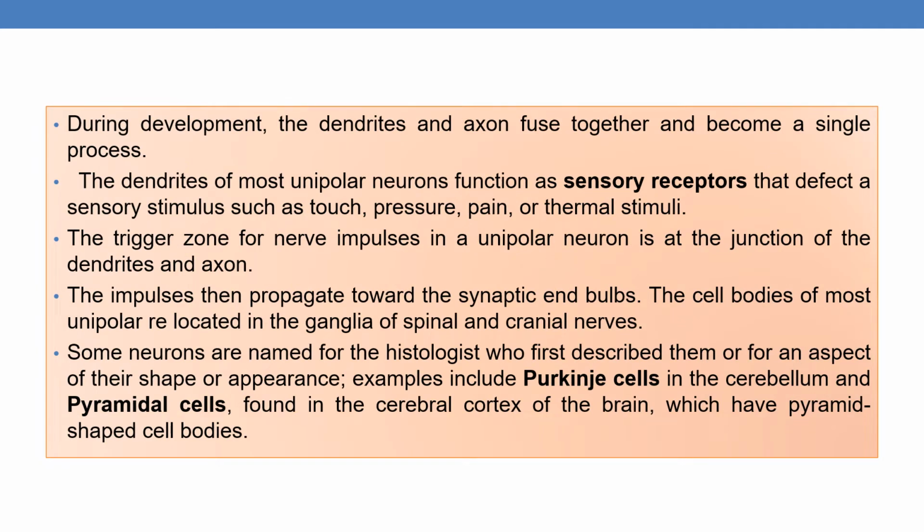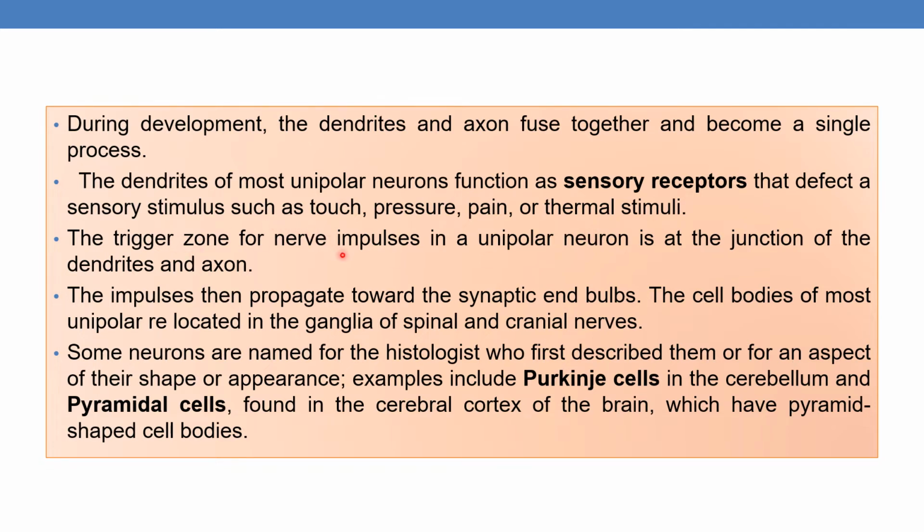Now let us discuss a little more about unipolar neurons. As we have discussed earlier, they are called pseudo-unipolar neurons because they are formed as bipolar neurons in the embryo. During their development, the dendrites and axon fuse together and become a single process. The dendrites of most unipolar neurons function as sensory receptors that detect sensory stimuli such as touch, pressure, pain, or thermal stimuli.